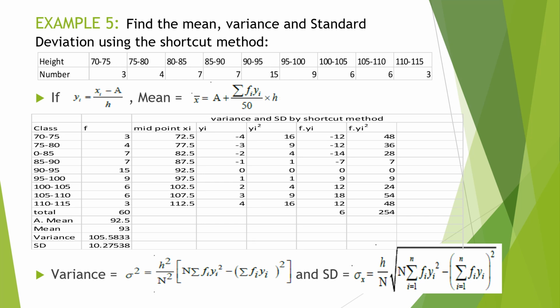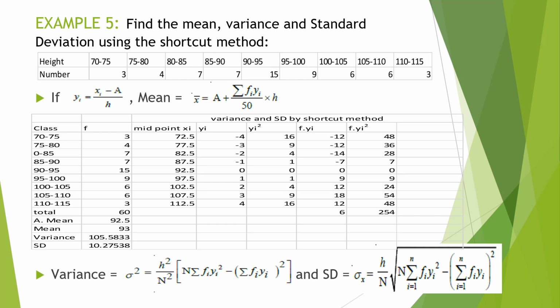Next column is fi into yi, means corresponding frequency into yi. 3 into minus 4 is minus 12, 4 into minus 3 is minus 12 and so on. After that, the next column, multiply yi square by f. So 3 into 16, 4 into 9 and so on, and make the totals of each of them.